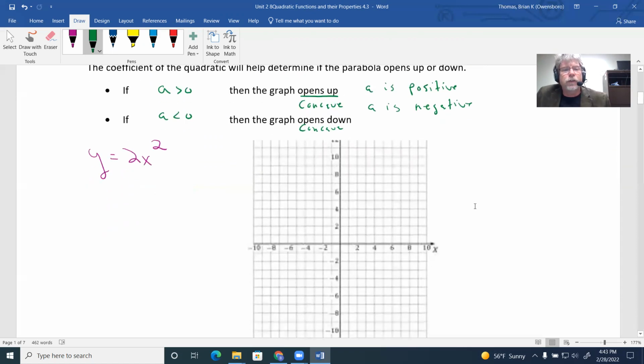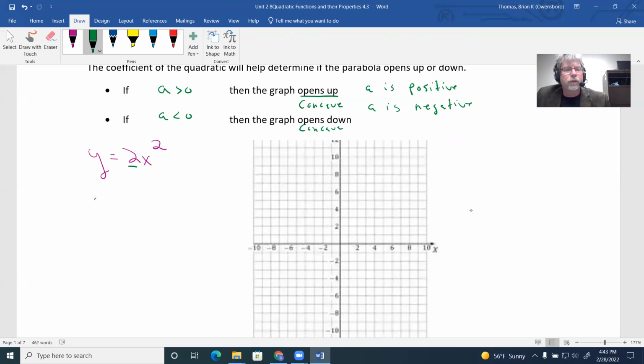So notice how we have this equation y equals 2x squared. Notice how the coefficient is a 2. Since that's a positive 2, we should recognize that this graph is going to open up. So the coefficient of the quadratic term is going to determine whether it opens up or down.